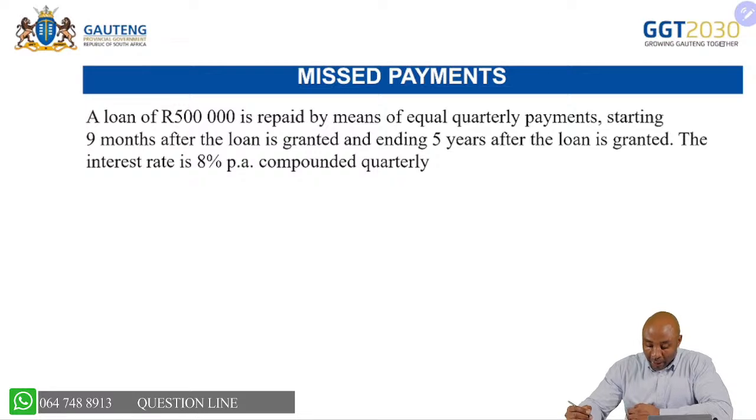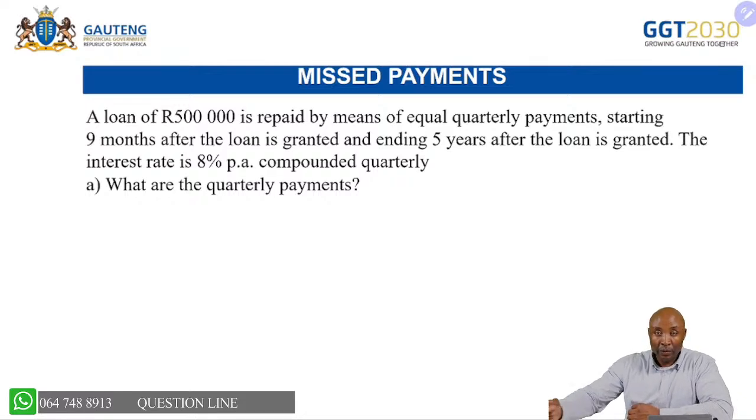So we want to find out the quarterly payments. Let's calculate the quarterly payment. I'll give you 3 minutes. You answer A, then we will move together. I will only do the one that we have not yet covered. This one, we have done it. I'll give you 3 minutes to attempt it.